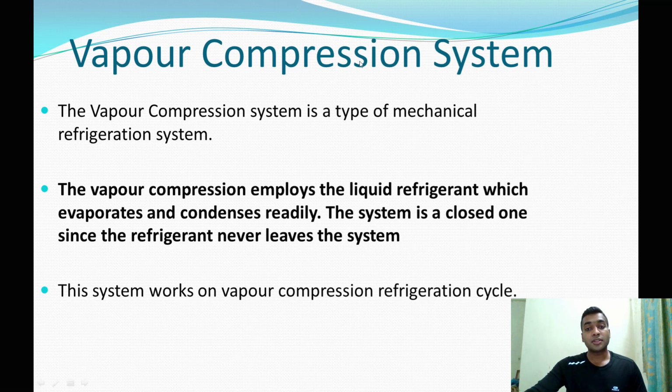This vapor compression system is a closed system because once the system is charged with the refrigerant, it will never come out of the system unless there is a major leakage or major defect in the pipeline. This system works on a vapor compression refrigeration cycle.